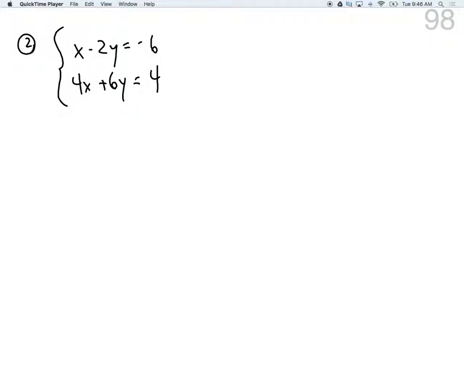Solve that using substitution. Go. Don't be bashful about using those calculators either. When you're done, check with your neighbor to see if he or she has the same answer.